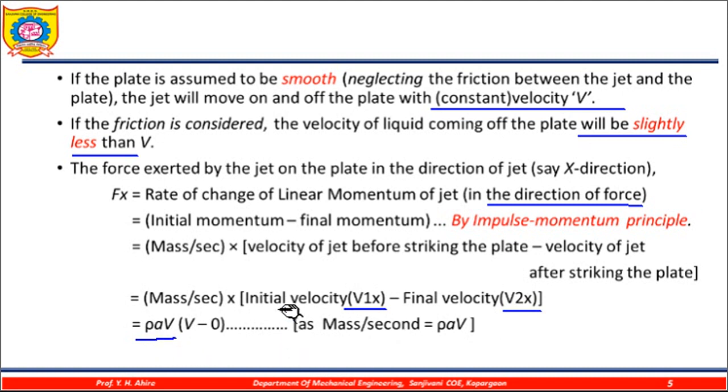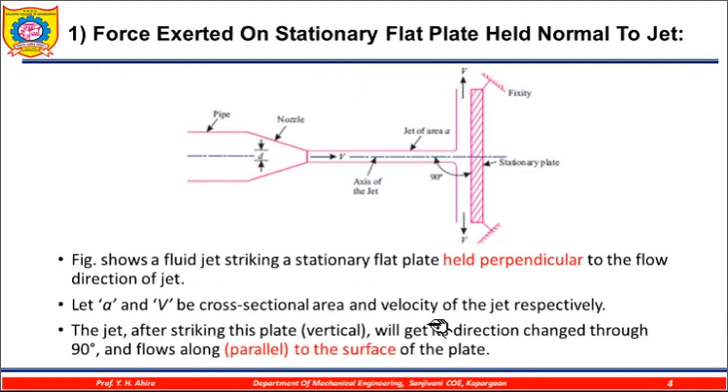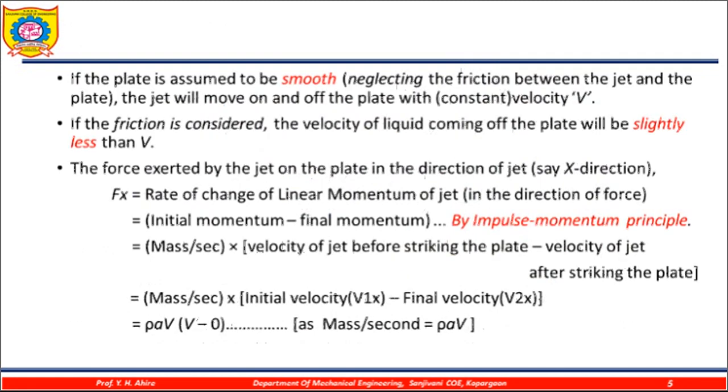So rho AV into the initial velocity V1x before impact. Before impact, the velocity is capital V as shown here, and after impact the velocity is also capital V, neglecting friction. But here the final velocity V2x in the x direction is 0.